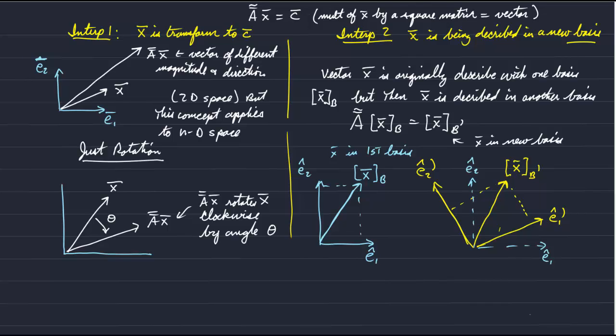And in this case, the coordinate system is rotated in the counterclockwise direction. And so A times x defined in one basis gives x defined in another basis.